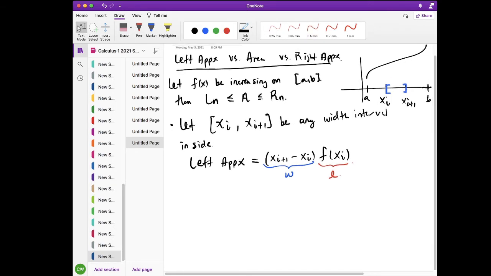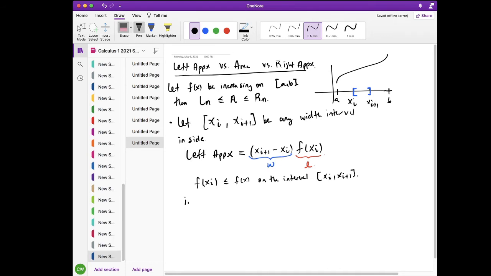Okay, so would you agree that f of x_i is less than or equal to f of x on the interval? Do you agree with that? Good. Okay. Now, do you agree with this?